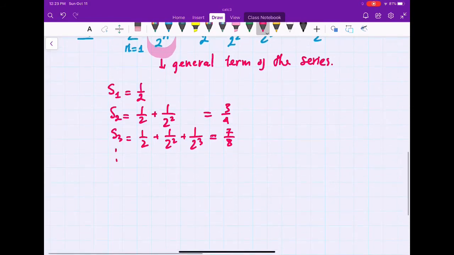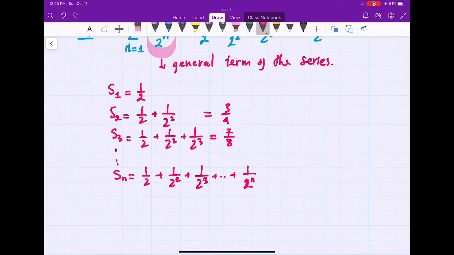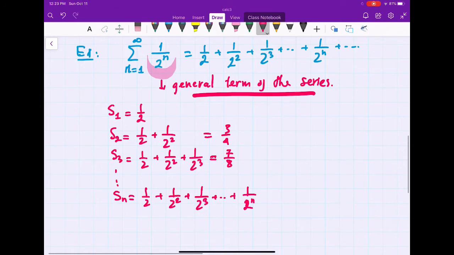And so on, Sn, which is 1 over 2 plus 1 over 2 squared plus 1 over 2 cubed plus so on plus 1 over 2 to the n. All right, of course, if you can guess the general term, that would be perfect. But in my opinion, it is extremely difficult to guess the form of the general term of a series.